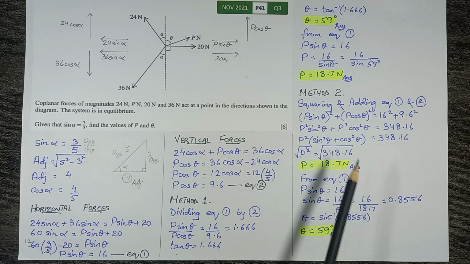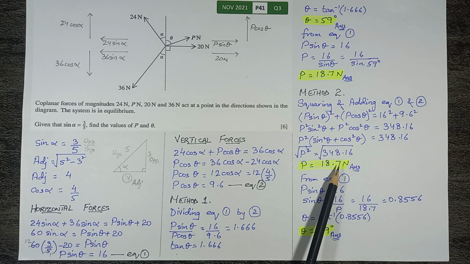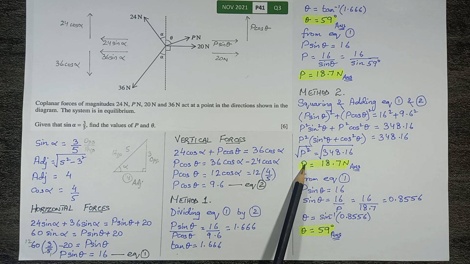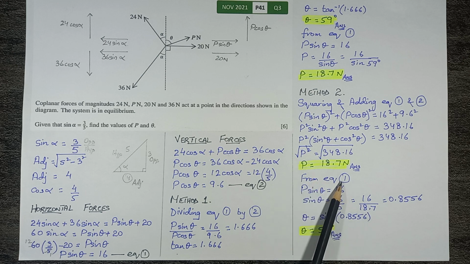Taking the square root on both sides, we finally have p equal to 18.7, which is the same answer that we got from method 1. And now placing this value of p in either equation 1 or 2, if we place it in equation 1, which was p sine theta equal to 16, sine theta would be 16 divided by p, and 16 divided by 18.7 gives 0.8556.